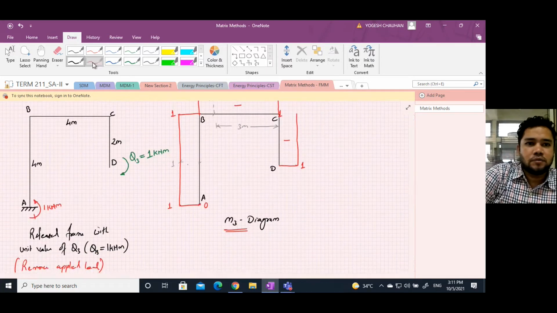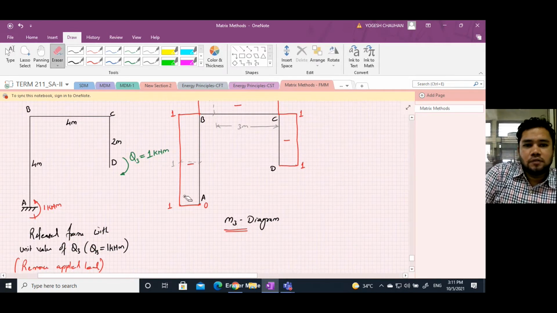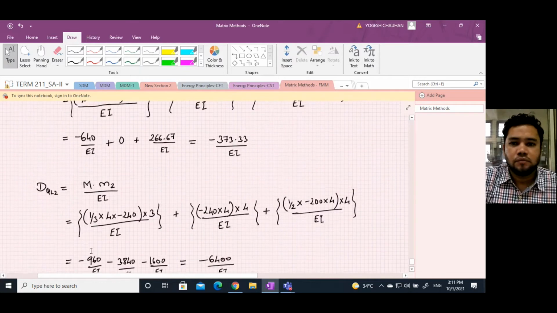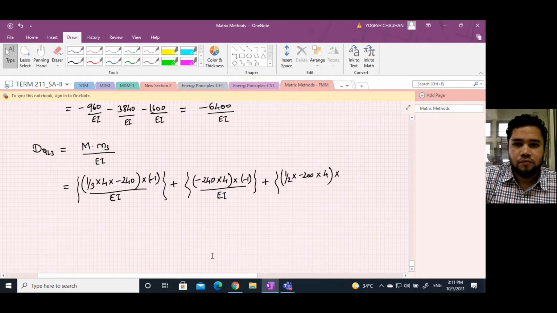So at 4 by 3 distance the ordinate is 1 only, so multiply with minus 1, divided by EI.